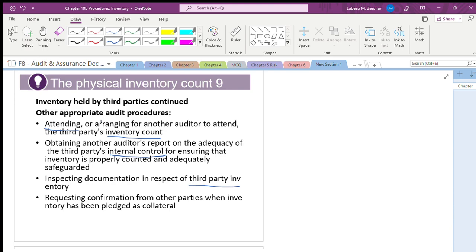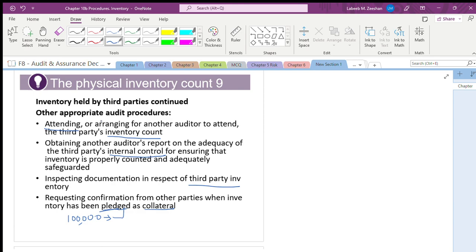Requesting confirmation from other parties when inventory is pledged as collateral. Pledged means what? You have the inventory of 100,000 reals. You will pledge it and you will take a loan against that inventory. Again, what are you doing? You are liquidating.